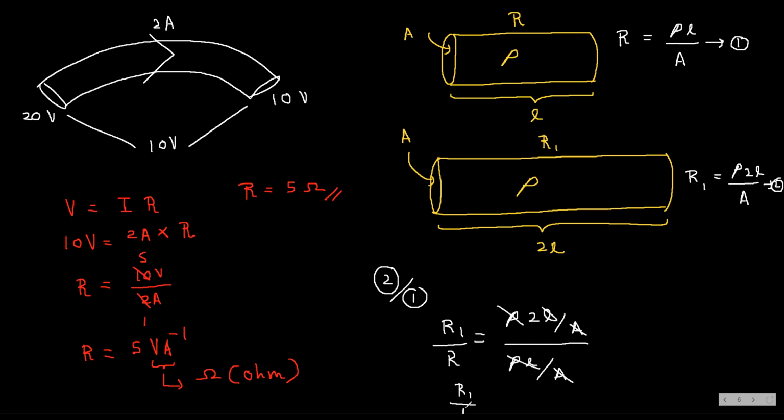R1 over R is equal to 2, and R1 is equal to 2R. When length is increased, resistance is also increased. Is it clear? Clear, sir.